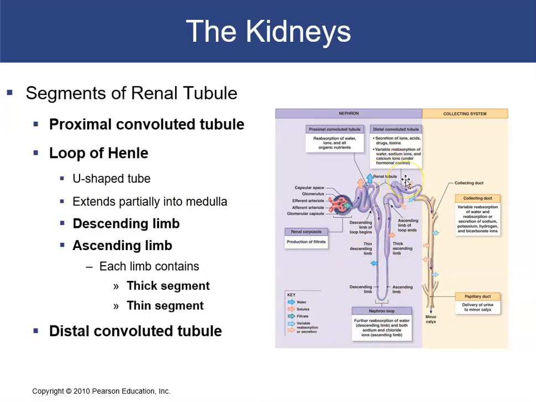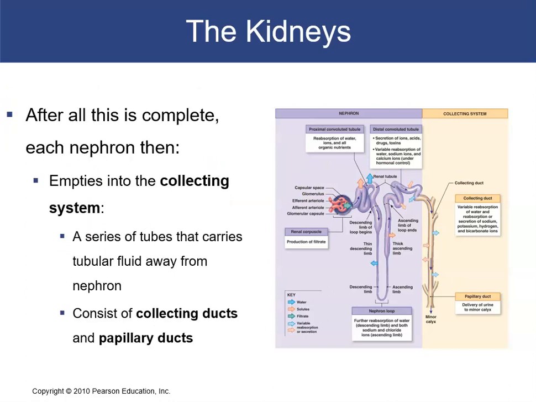Here is where secretion occurs, and I'll talk about what I mean by secretion in just a moment, but this is where various ions will be secreted, as well as sodium, calcium, and water will be reabsorbed. After all of this is complete, each nephron then empties into the collecting system.